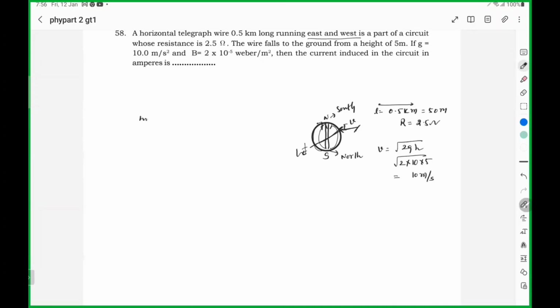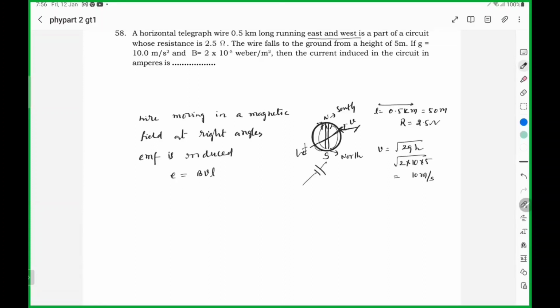Once any conducting wire moves in a magnetic field at right angles, EMF is induced, the motional EMF. That induced EMF is BvL.